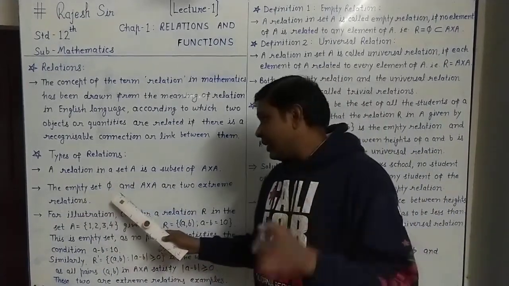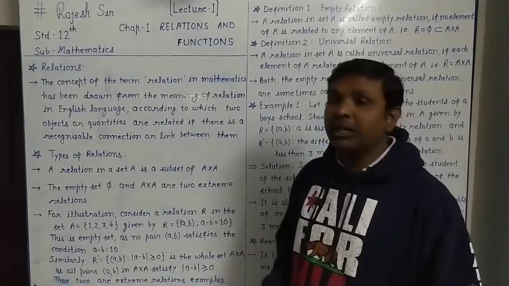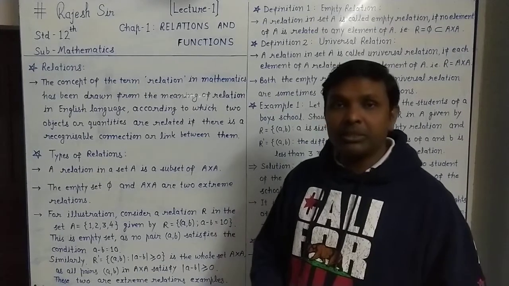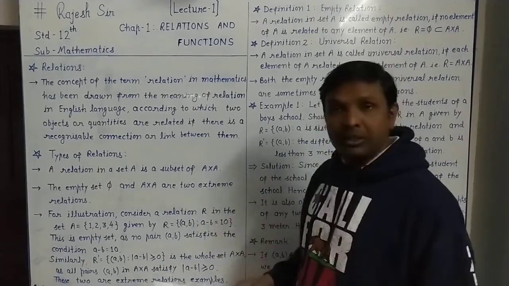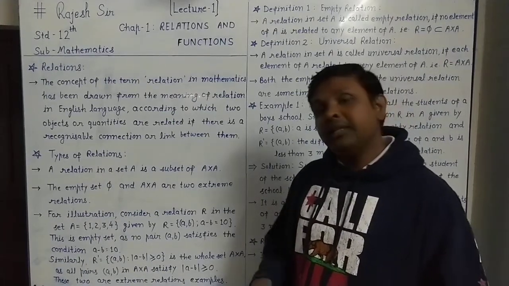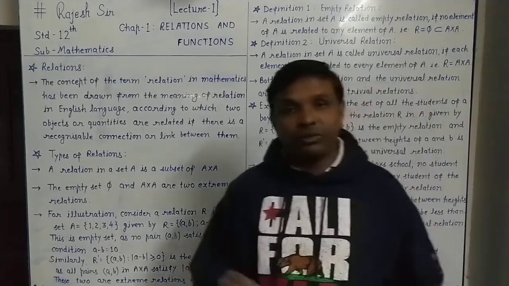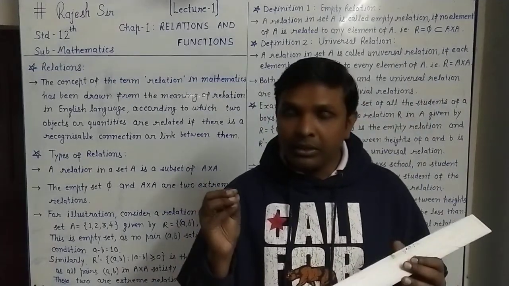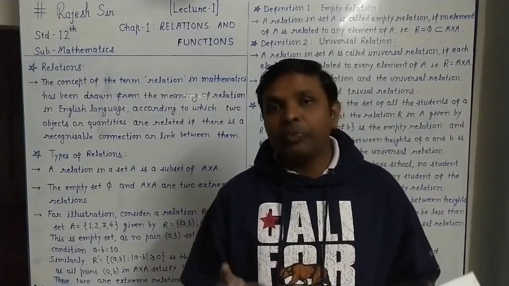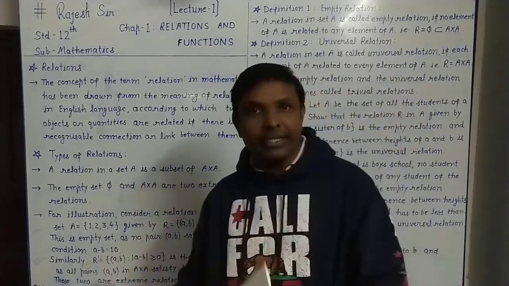The empty set phi will be there in the subsets of A cross A, and other subsets may be there, and A cross A itself is also there. By definition, any set has at least two subsets: one of them is the empty set and the other is the set itself.